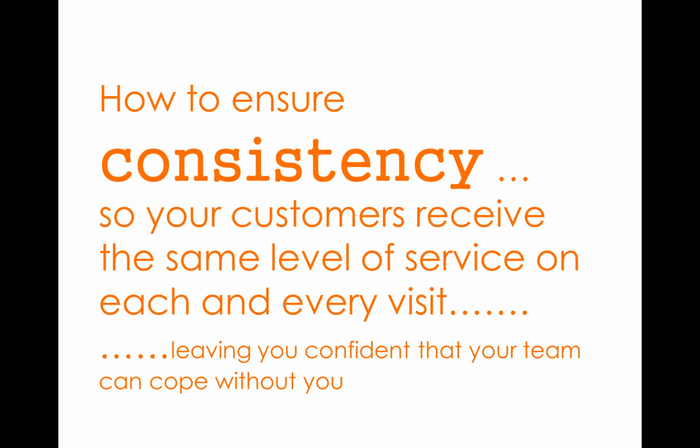So what are the things then that we need to ensure consistency? Well, this is where we start to think about the behaviours and the resources and everything, and equipping your team. So what are the things that we need to factor in here? Well, the first is thinking about the resources, and you'll see the little toolkits down there. So yes, it's giving them the right tools to do their job.